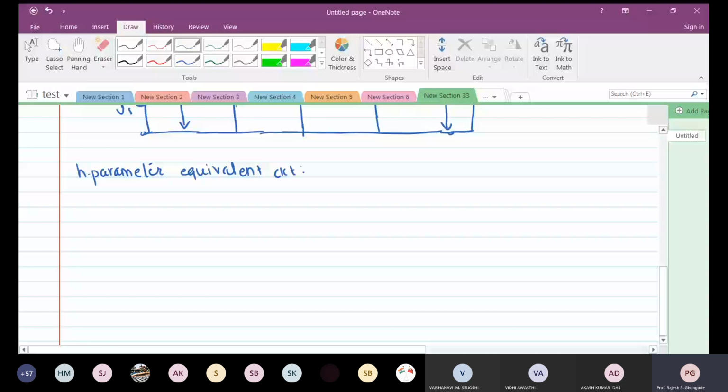Okay, as per our convention, we will first draw the H parameter equivalent of the device.